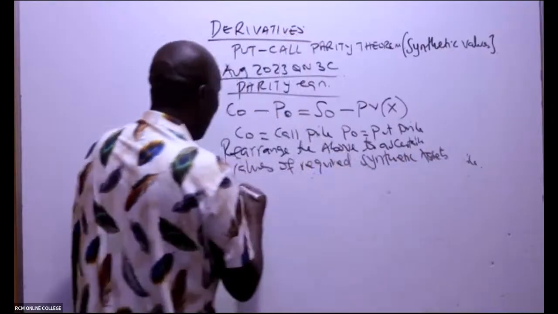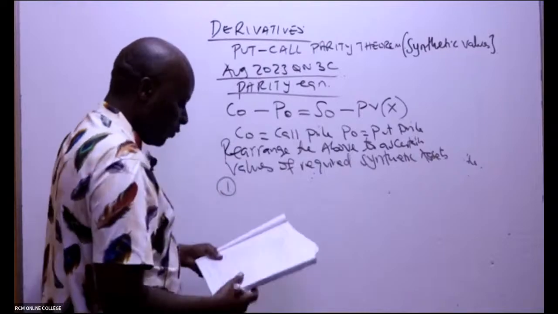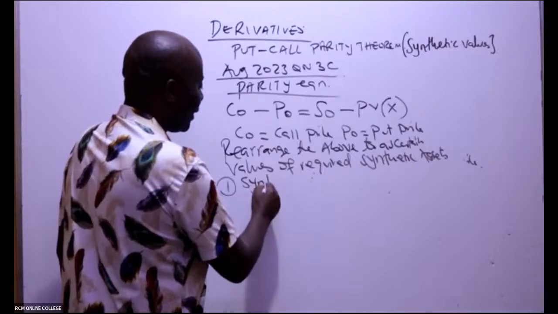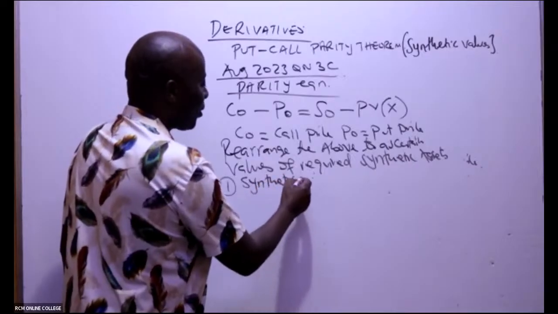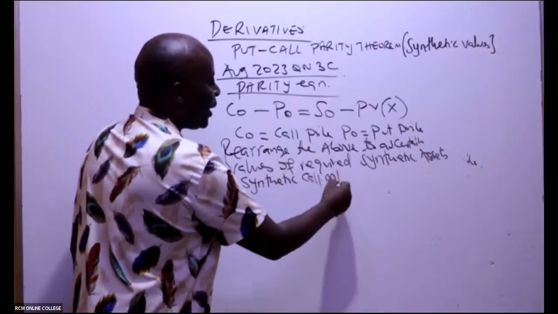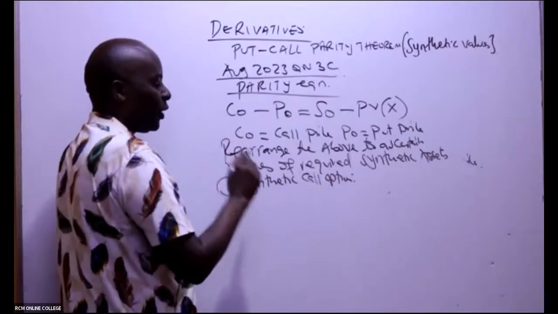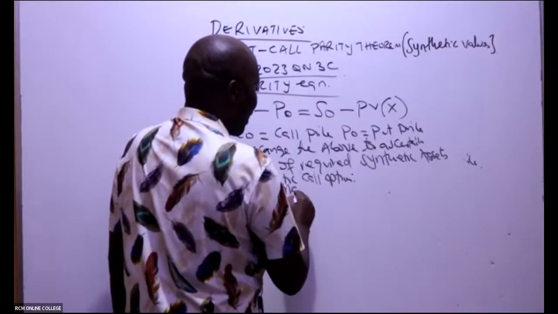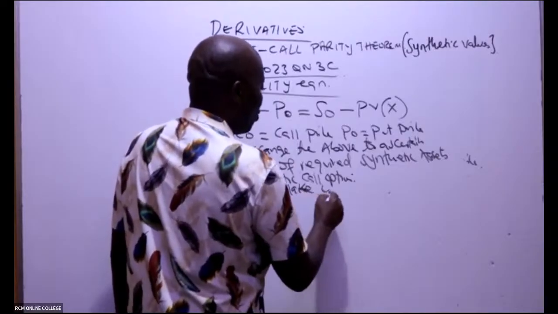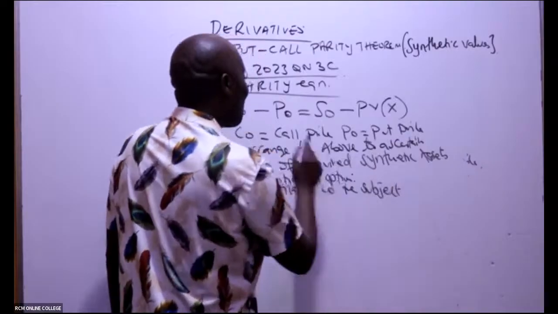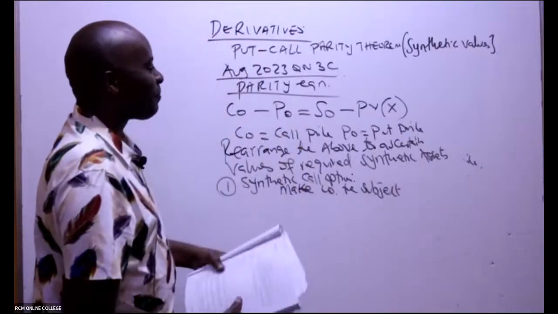So now, number one, they want us to give them the synthetic call option. The synthetic call option basically makes CO the subject of the formula. Make CO the subject. Could you kindly do that for me?